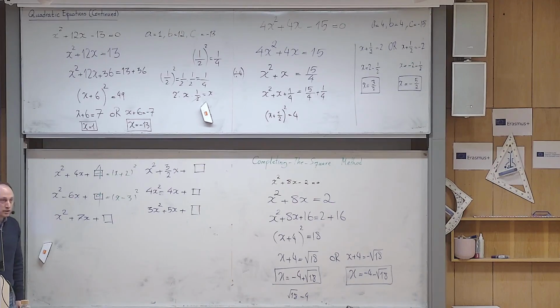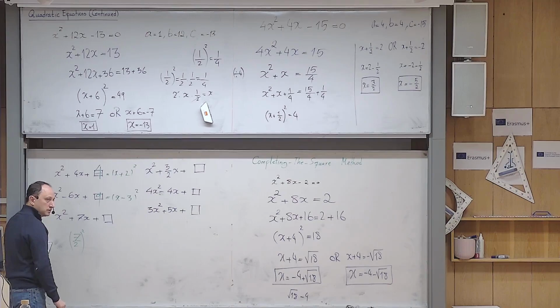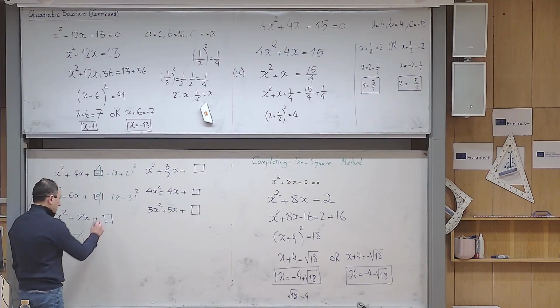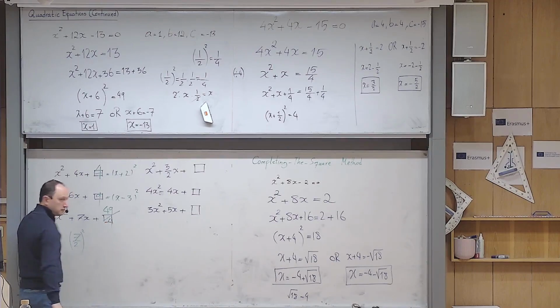Yes. Okay, so how did you do that? Divide 7 by 2, which is 3.5. Yes, and then square it. But you don't have to work with decimals if that's not comfortable. You can just write this to the power of 2, which is what? 49 over 4.